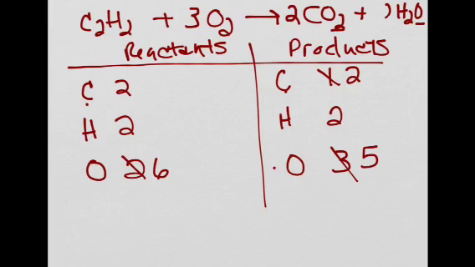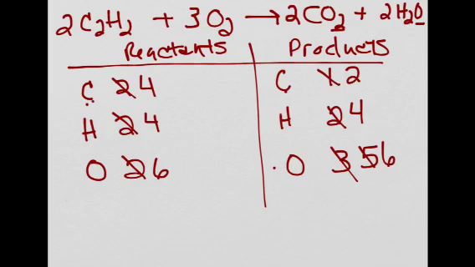If I put a 2 here, I get 1 more oxygen, that makes it 6, but then it changes my hydrogens to 4. So now I need to go to the reactant side and get 4 hydrogens. That changes my hydrogens to 4, but it also changes my carbons to 4. And don't forget to go through and change your inventory immediately. It'll cause you problems later if you don't.